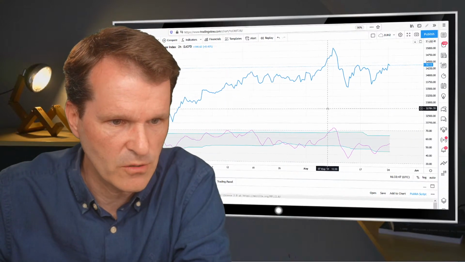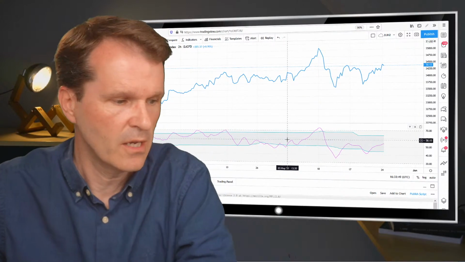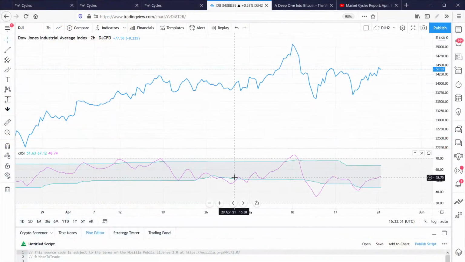Now we can zoom into the chart even more, and this is the period we are looking for. So this is the 27th of April, 28th, where you now see, and whatever technical indicator setup you use, you can use Fibonacci price levels, other technical indicators, you know better what works for you.